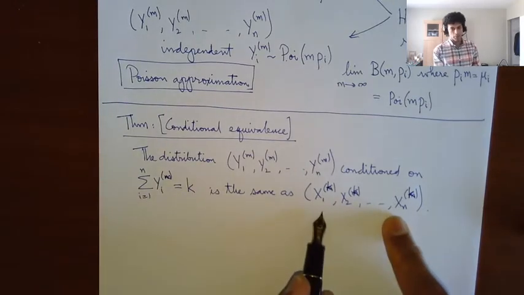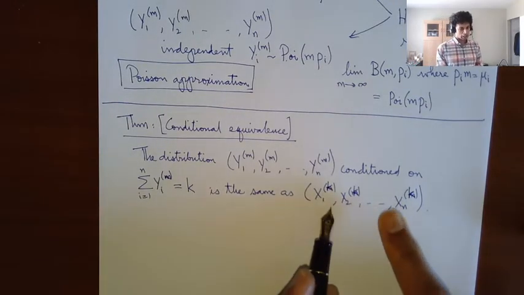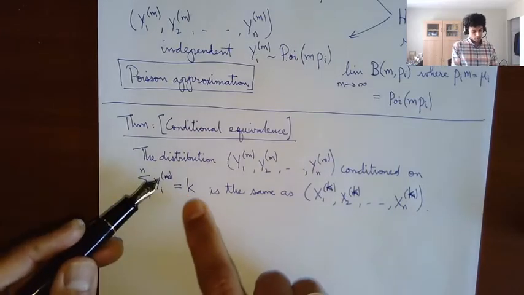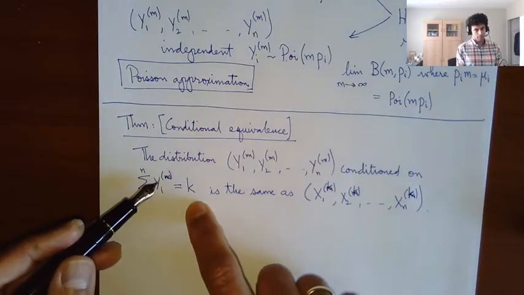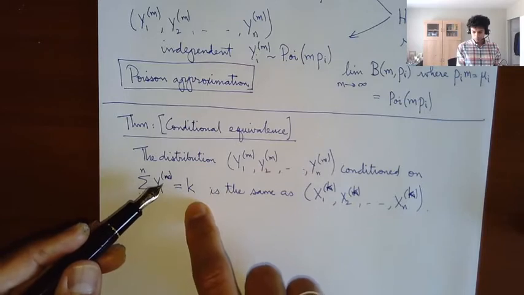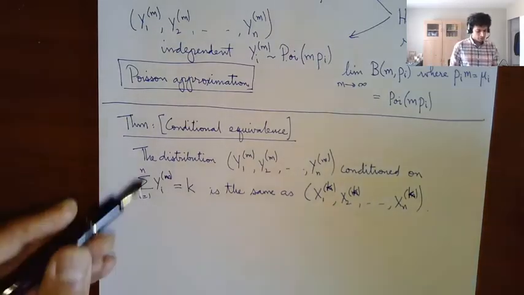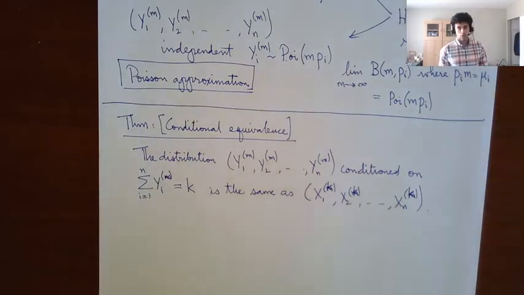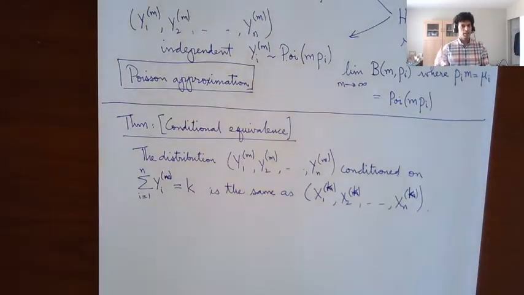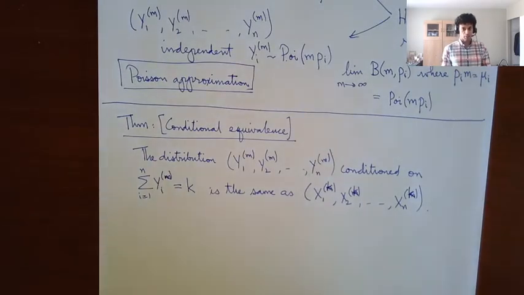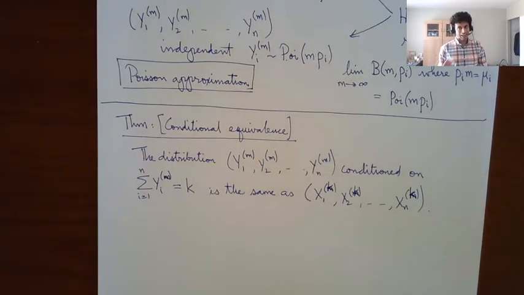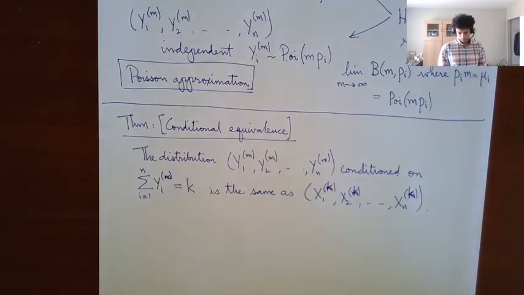Note that there's no dependence on m over here. There's only a dependence on k. And here, there's both an m and a k. Does this theorem make sense? It says if you condition on the total sum of the Poissons being k, this is exactly the same as doing a balls and bins experiment with k balls.